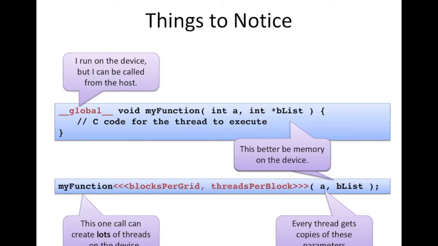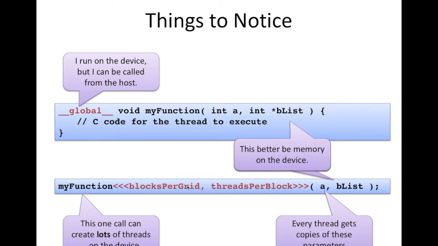So here's pretty much the same code we looked at before, just with some notes on it. And I think we may have already said all of this. So global marks a function as running on the device. When you call it down here at the bottom, you get to pick how many threads call it. When you pass it parameters, well, if they're parameters that are primitive types, like this integer a, Cuda takes care of passing that parameter to every one of your threads at once.